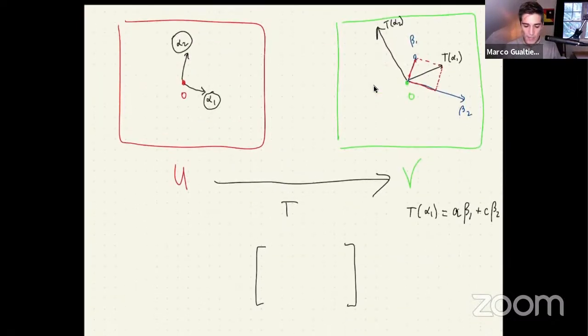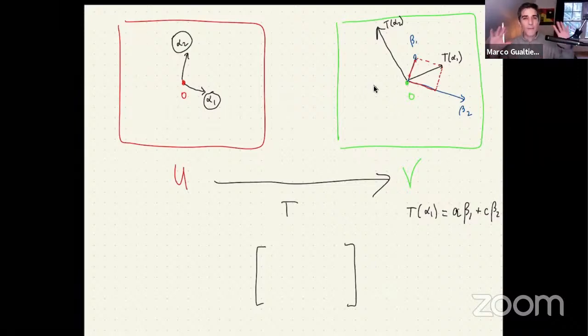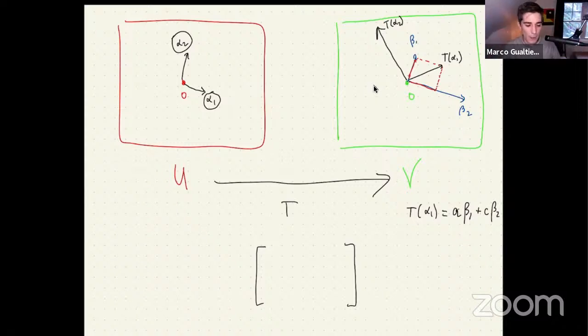That means the value of T on this basis vector, I'm going to represent by these two numbers, A and C, because they tell me the coefficients of the result in the basis that I chose. The basis is like your framework for writing numerical results.